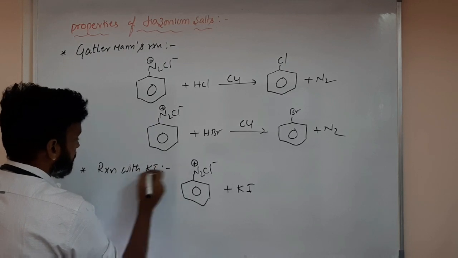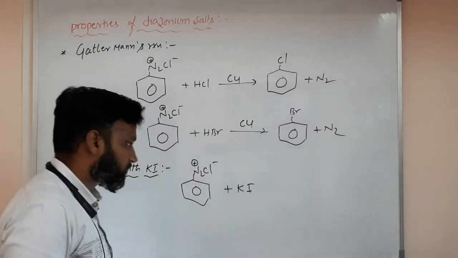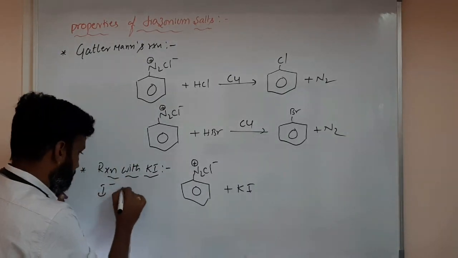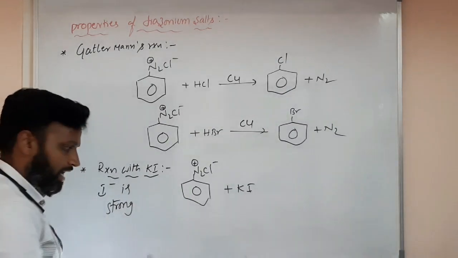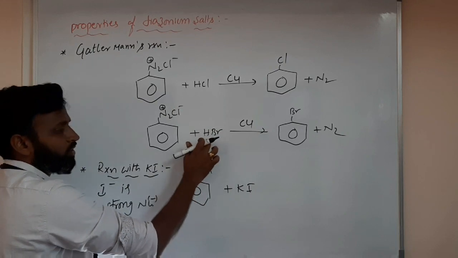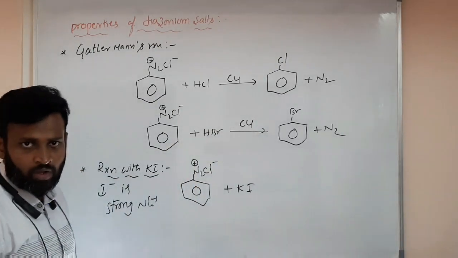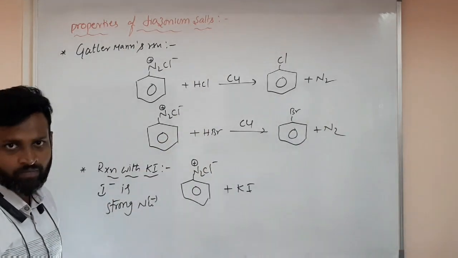No need of copper, no need of HI, because I- is a strong nucleophile. So copper is required only for chlorine and bromine.